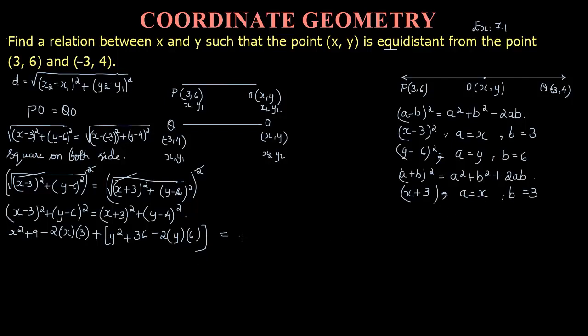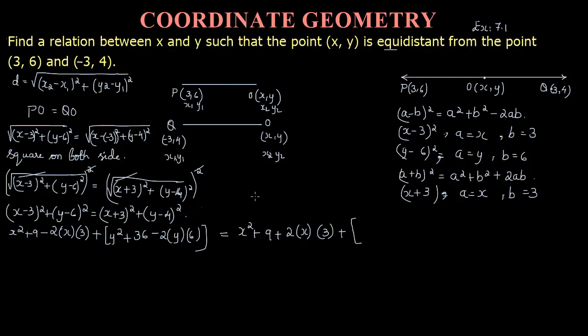Let us rewrite it over here. X square plus 3 square, which is 9, plus 2 times x times 3. 2ab is there, no? So a is x, b is 3. Here also you can observe it is plus. For this one also, this expansion you need to write in a bigger bracket because you have more terms.